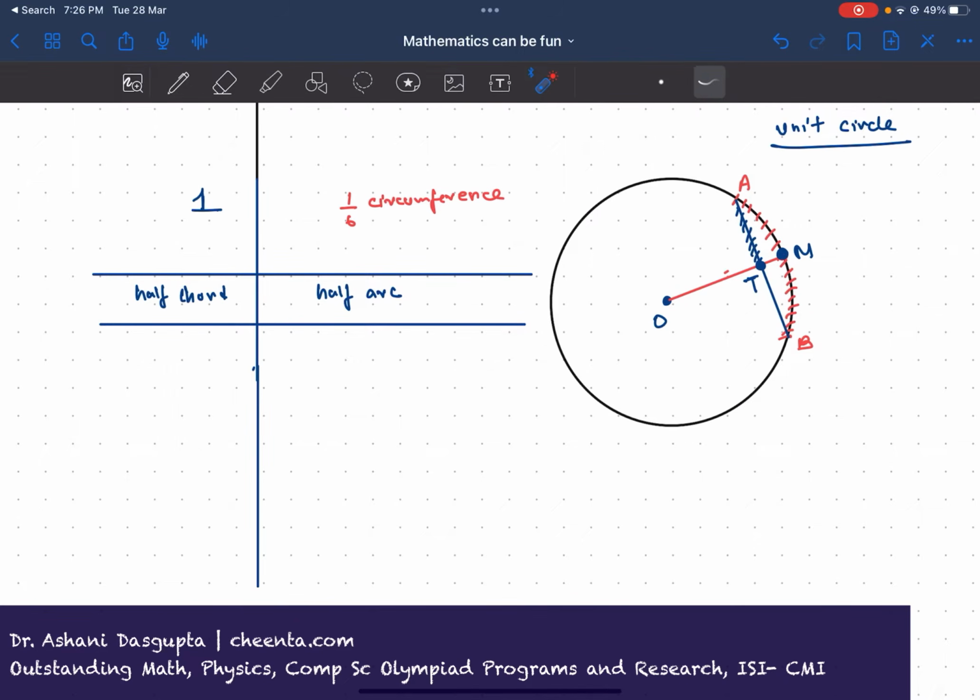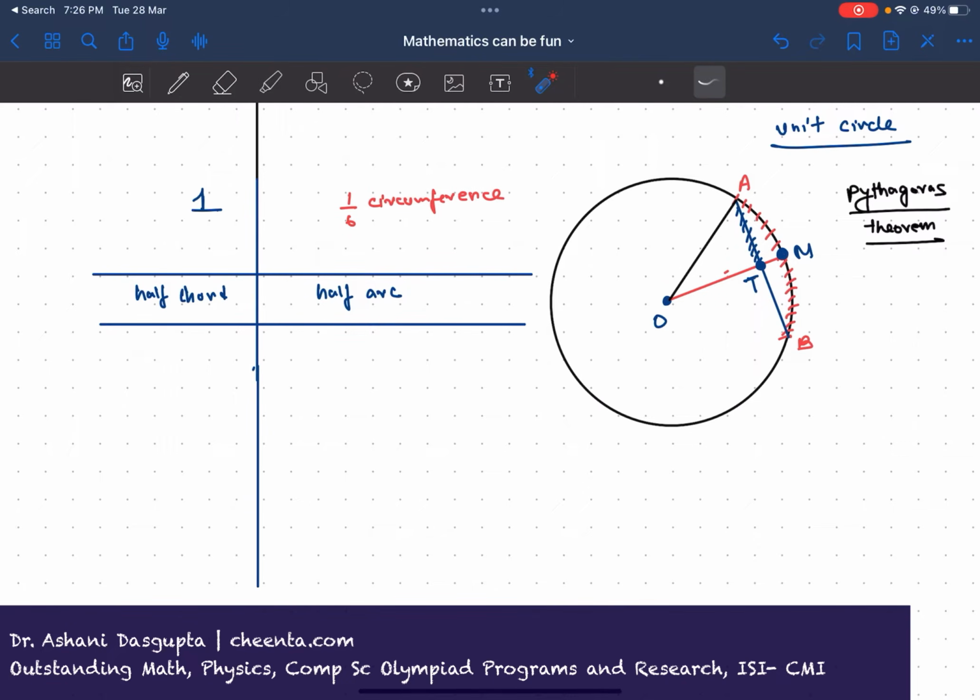And more importantly, if I join OA, I can now use the Pythagoras theorem about right angle triangles, because this angle, since I dropped a perpendicular, is 90 degrees.